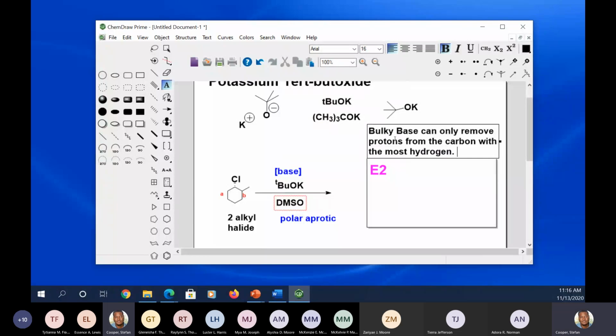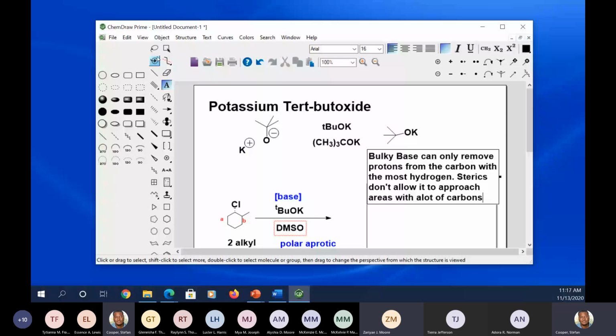The reason here is sterics don't allow it to approach crowded areas. So that's what you were saying for a regular base.